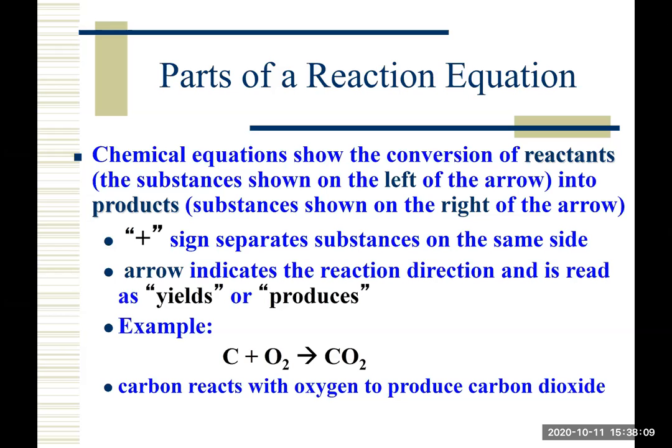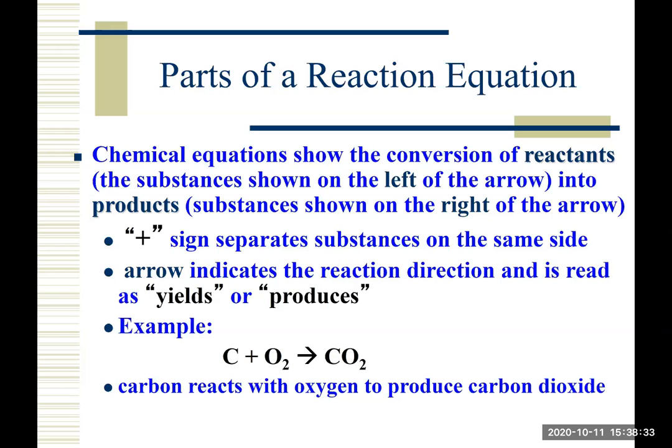A plus sign separates substances on the same side of the arrow, so it separates reactants from one another or products from one another. And the arrow indicates the direction that the reaction is read, and we say that the arrow means yields, forms, or produces.